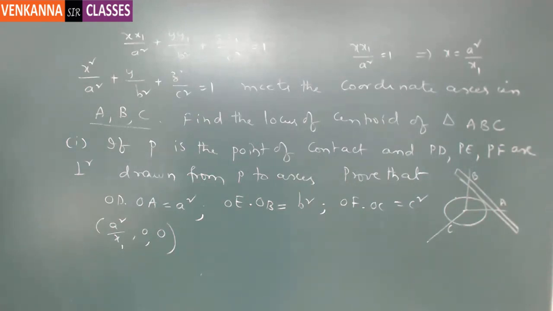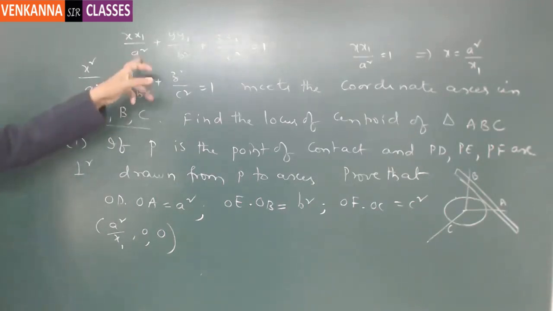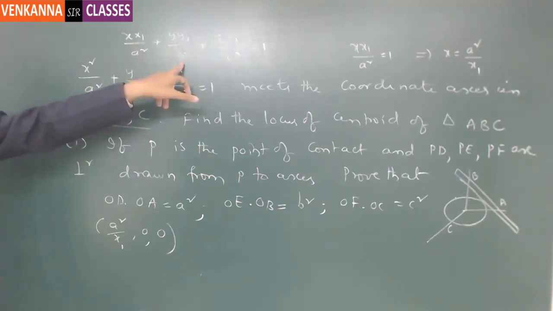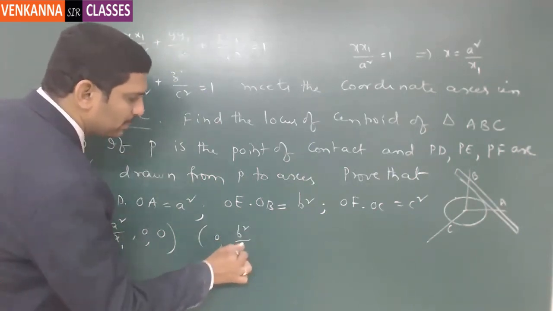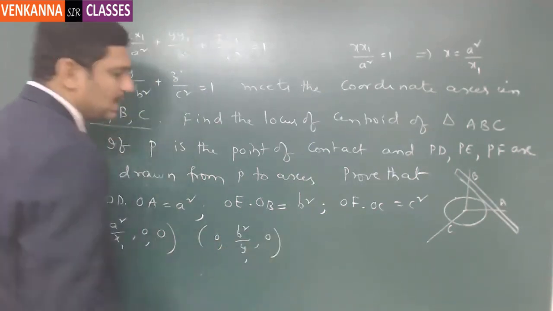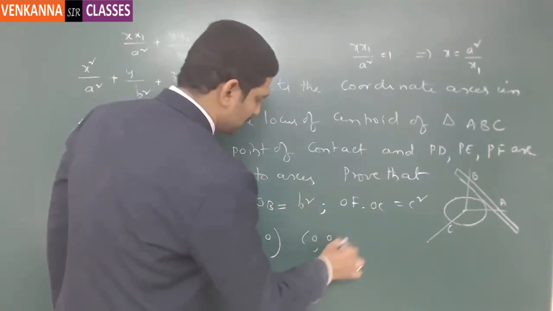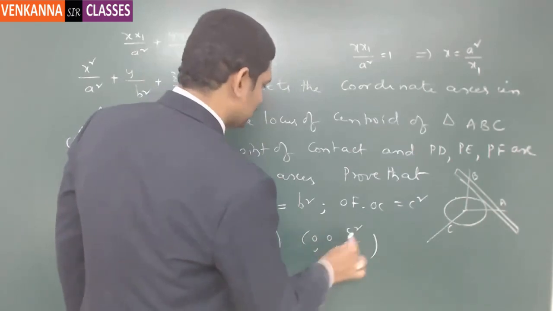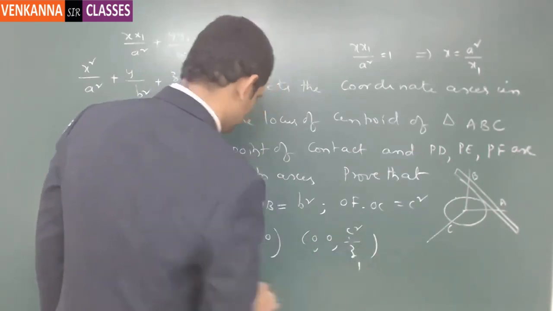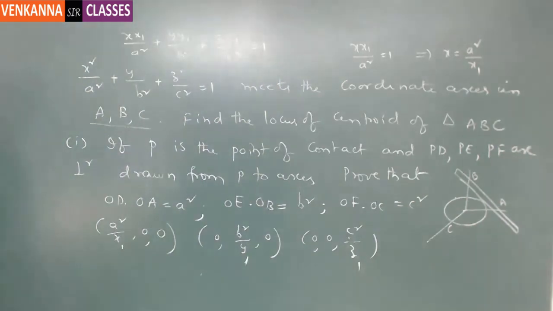The intercept. Similarly, you can substitute x and z as 0 here, you will get the y-intercept. It is nothing but (0, b square by y1, 0) and the z-intercept (0, 0, c square by z1). Please check on that, how I have calculated the intercepts.